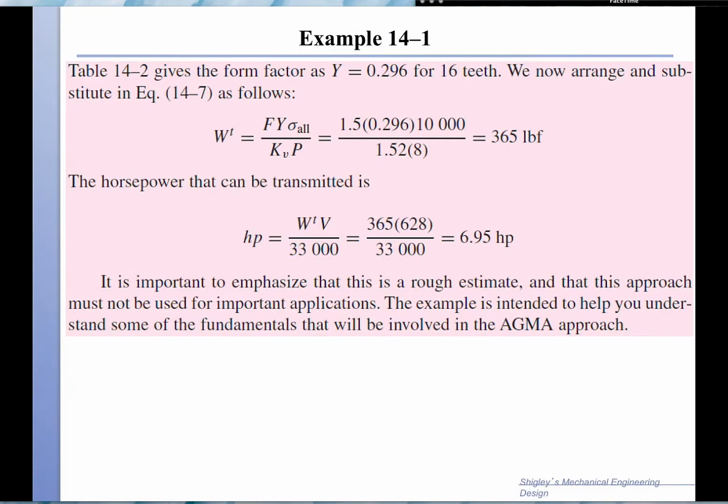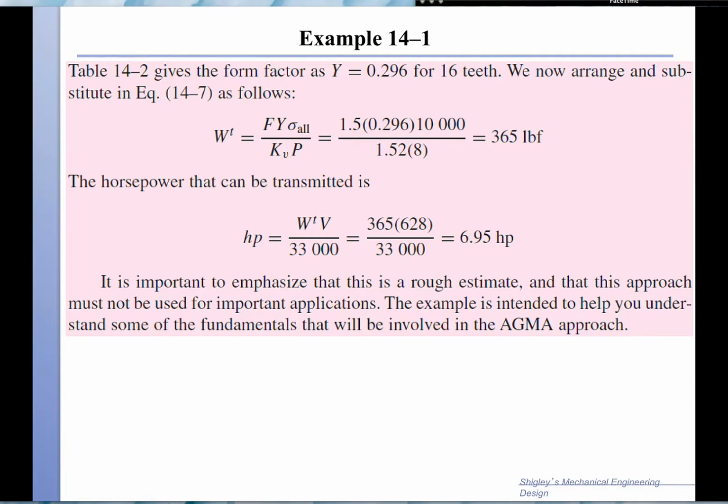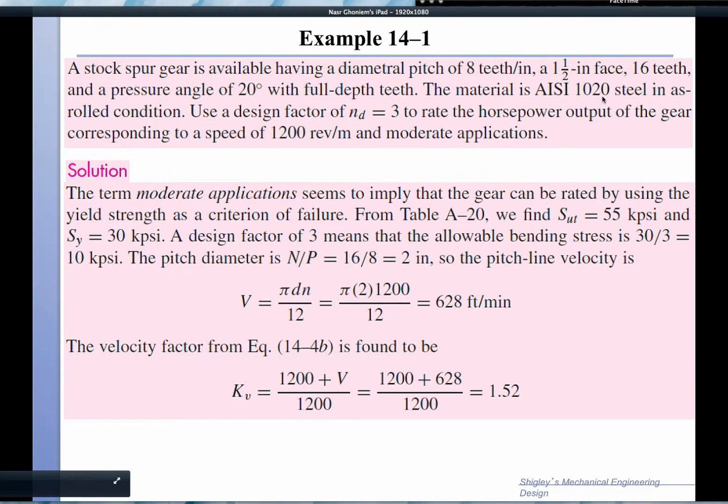Once we know that, then we can rewrite the equation that we had before. Remember that sigma was equal to WT K sub V P divided by Fy. Then we can solve it backwards, knowing that the allowable strength is 10,000 from the data, and the data comes from the 1020 steel.